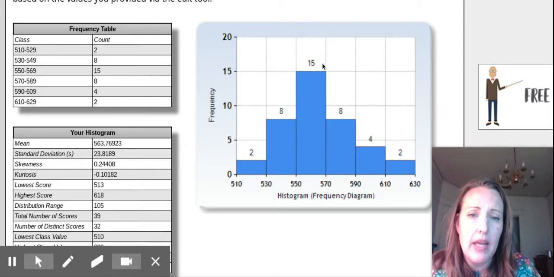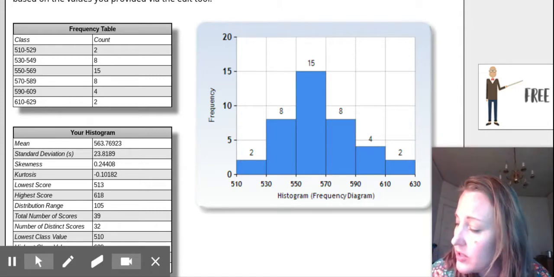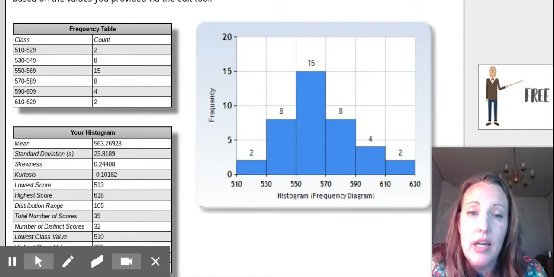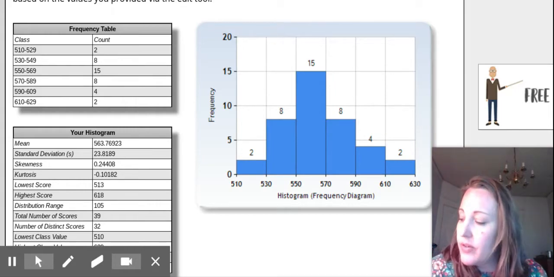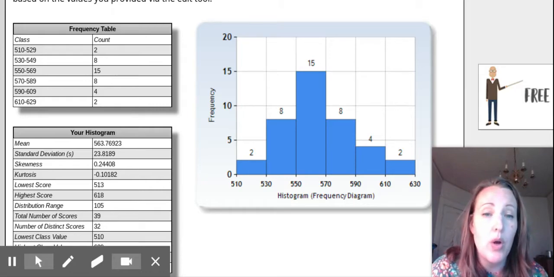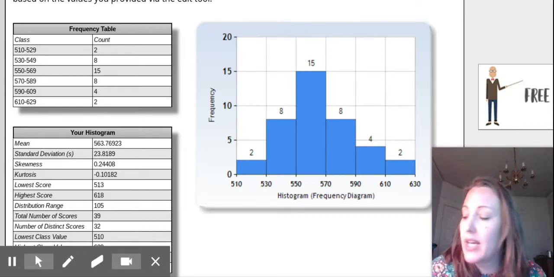And as far as changing the data, let's see where those are in relation to the mean. 551 is above, 569 is above. So the mean will move up slightly. It won't drastically affect the shape of our data, except our data becomes a little more centrally located, so it affects the spread ever so slightly.